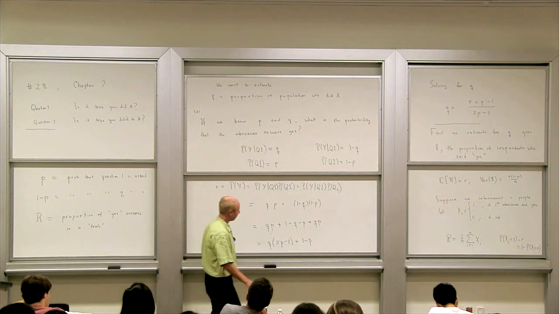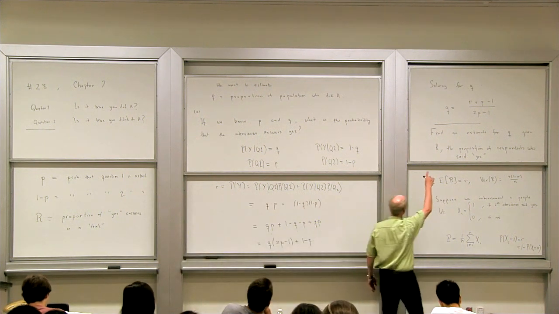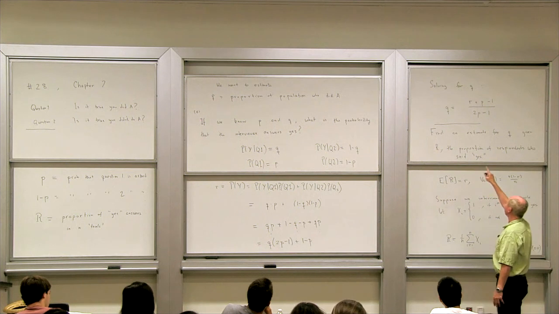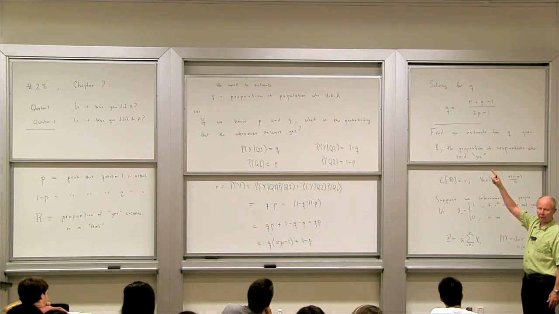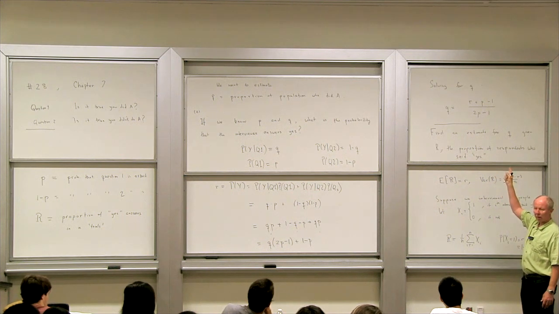Well, if we look there, we see how little q is related to the real value, little r. How can we estimate little q? Well, we can estimate little r by what random variable?